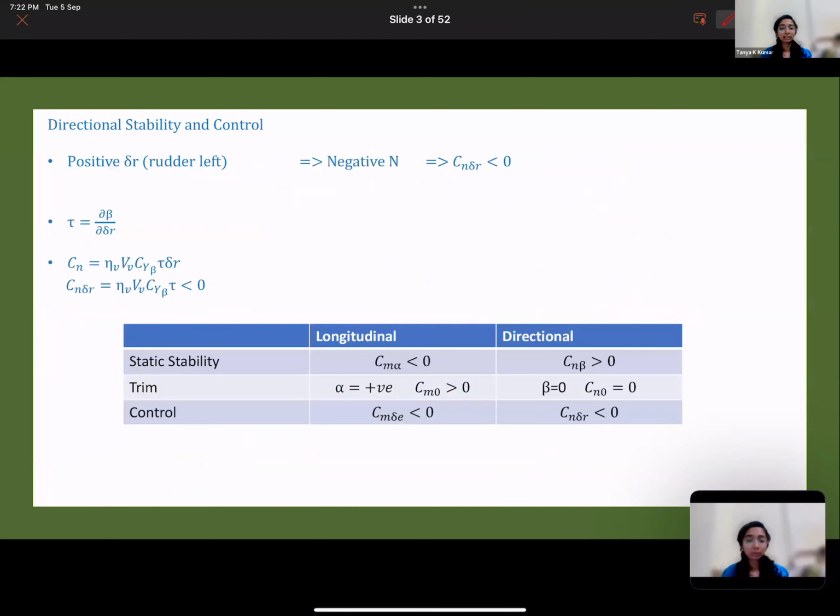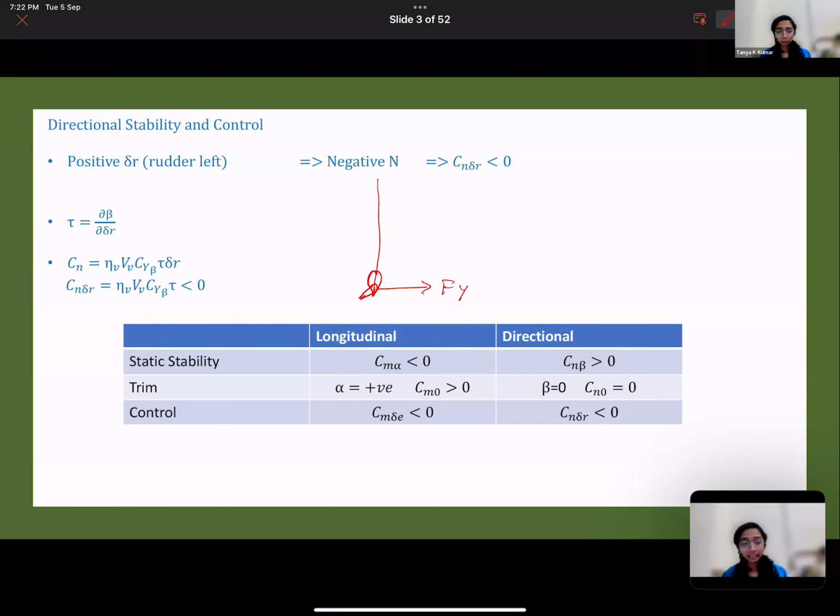Now here we look into the control aspect. Positive rudder deflection we know was deflecting it to the left. Deflect the rudder to the left, it produces a positive Fy, which produces a negative Cn. Do you remember that? Let me draw that again. This is your fuselage reference line. This was your tail. If I deflect my rudder to the left, it produces force.